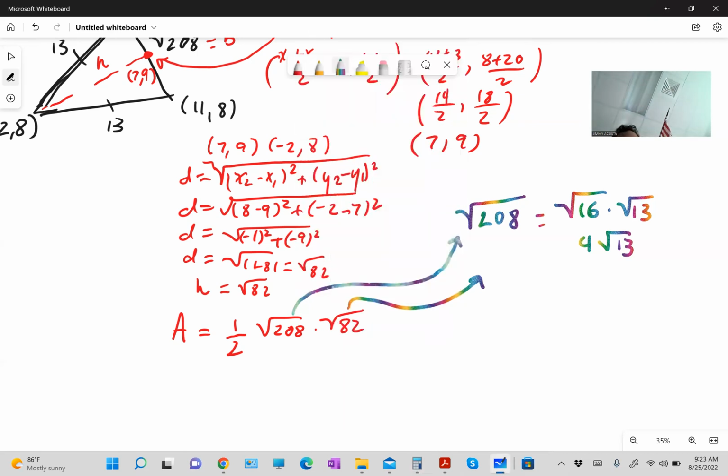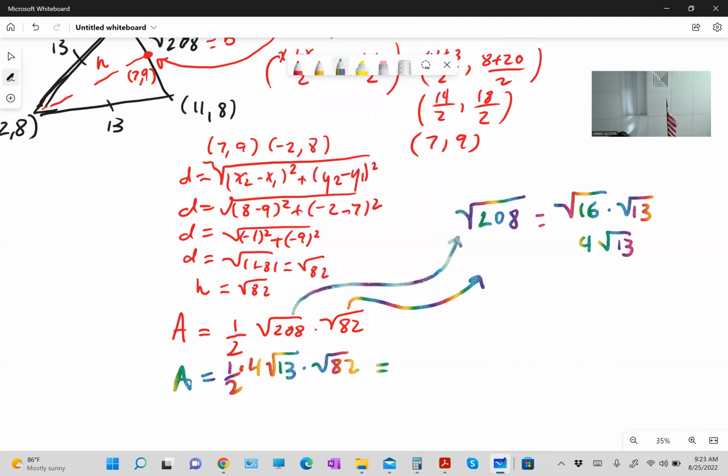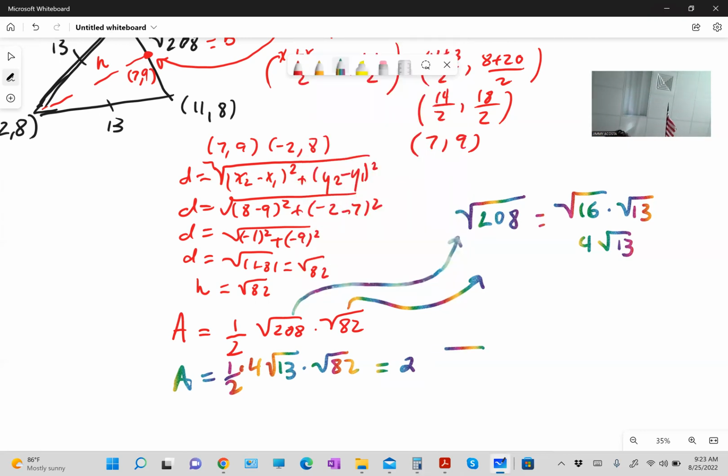All right, so let's just say that area must equal half times 4 square root of 13 times square root of 82. So obviously the 4 divided by 2 is 2. So you have 2, and then you have to take 82 times 13. That's 1,066. That's the square root of 1,066.